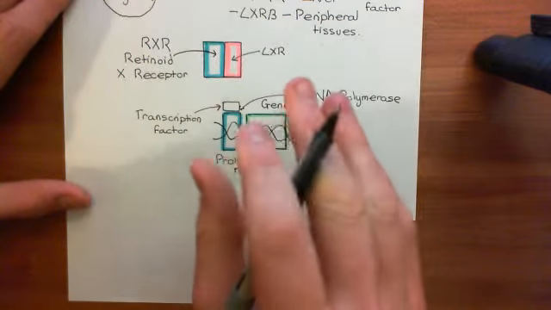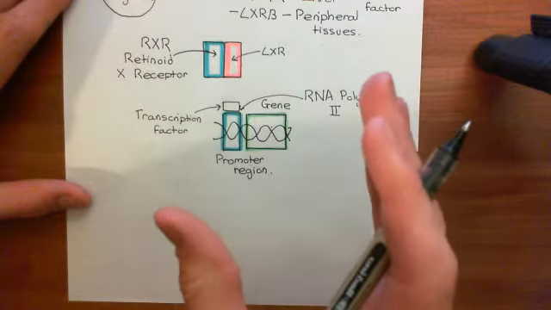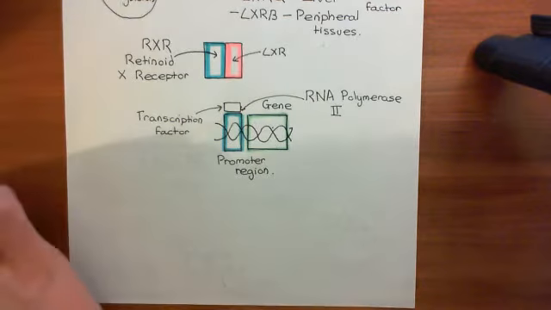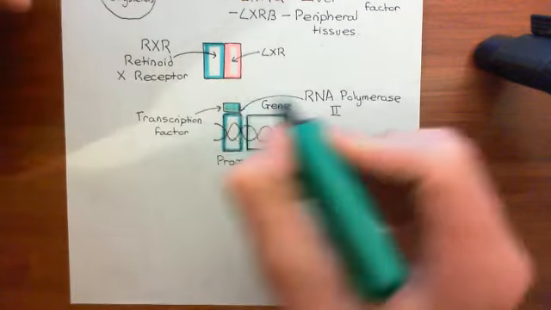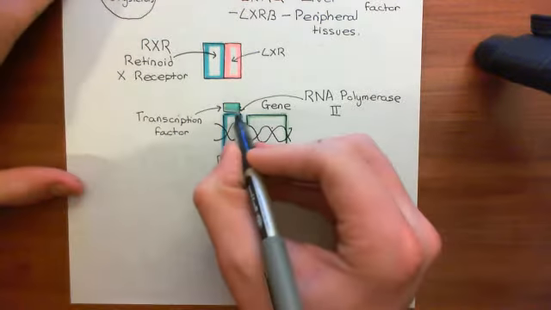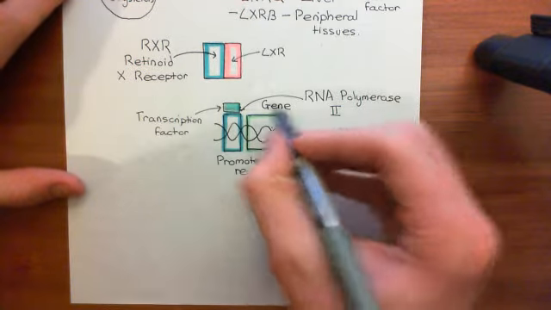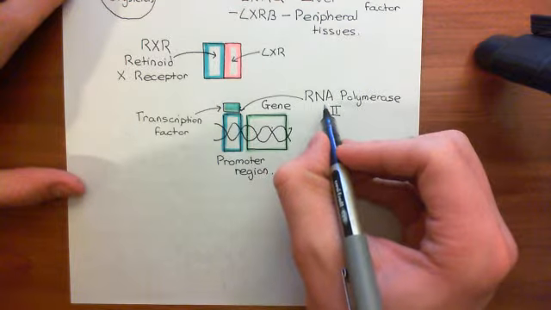It won't bind to all of them necessarily, but it will have a good 100 or so that it binds to, and what it will do is change the affinity of that promoter region that it binds to for RNA polymerase II. Now, at some of the promoter regions that the transcription factor binds to, it will increase the affinity of the promoter region for binding RNA polymerase II.